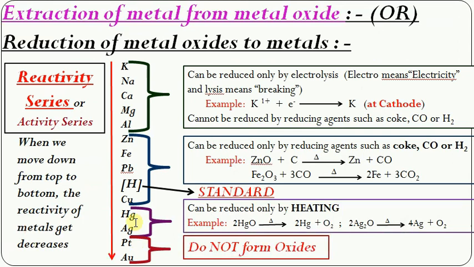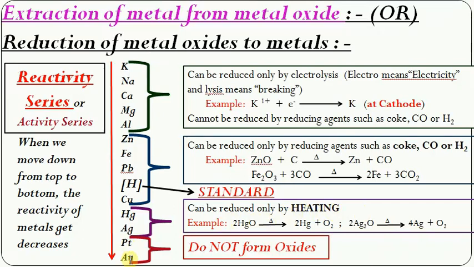What about least reactive metals? The least reactive metals like mercury and silver are first converted into metal oxides, and then if you just heat it, the oxygen from the metal oxide gets evaporated into the atmosphere, and the metals can be extracted. So the least reactive metal can be extracted by just heating their oxides.